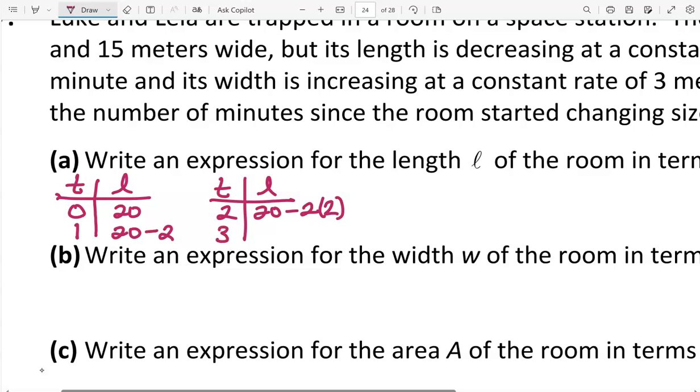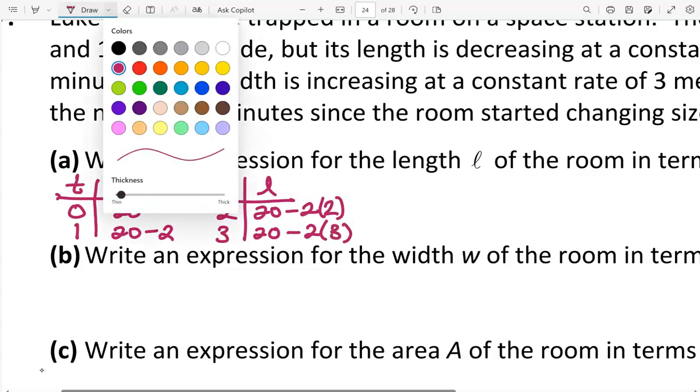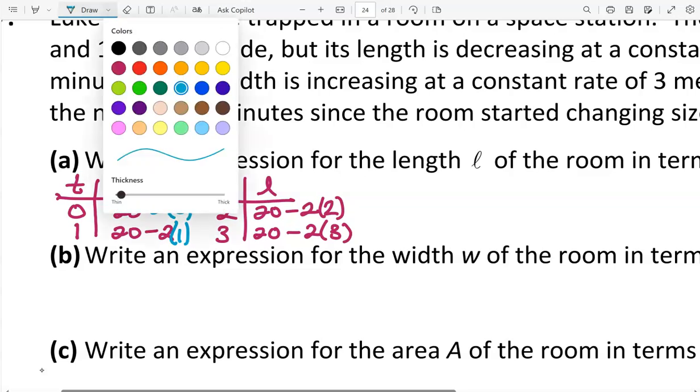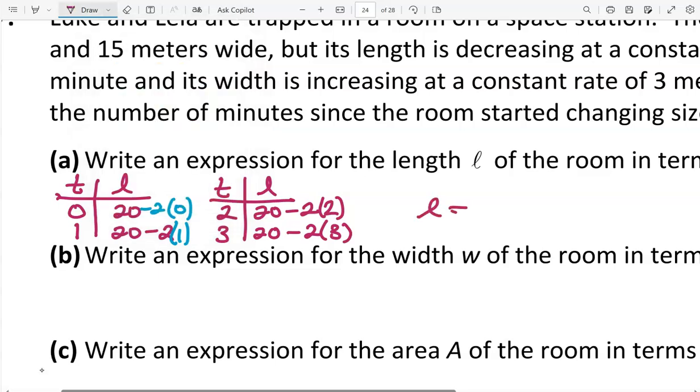After 3 minutes, the length would decrease by 6. And I can go back and put in a times 1 next to this one and a minus 2 times 0 next to this one. Hopefully we can see that the length is always equal to 20 minus 2 times the value of t.